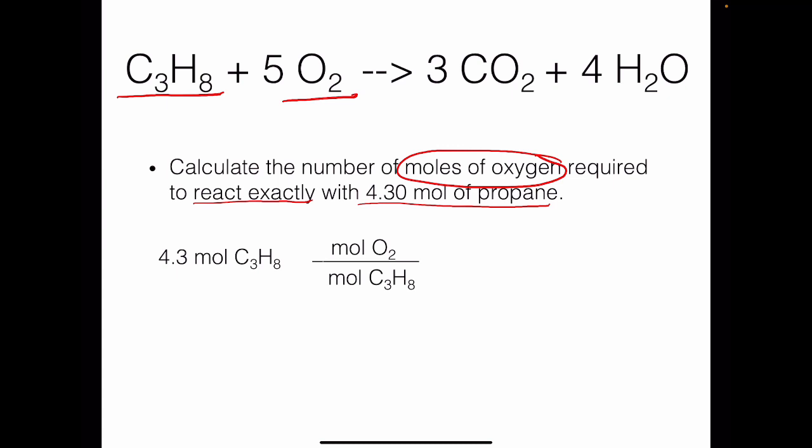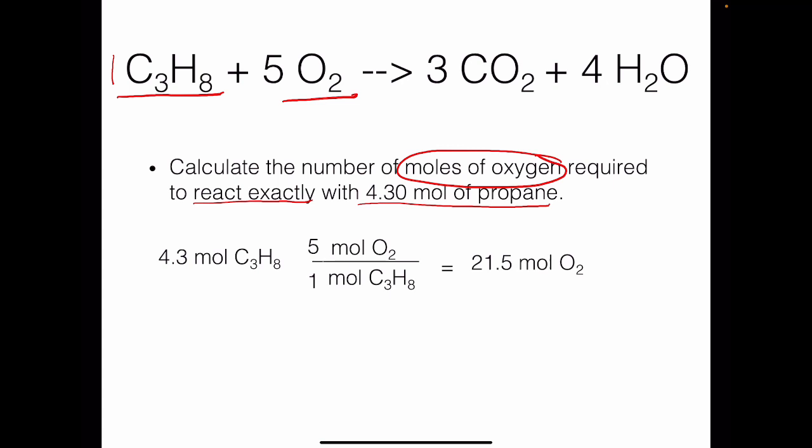Now I'm just looking for the numbers that come in front of those compounds. The number in front of C3H8 is 1, so even though there's nothing there, it's still an implied 1. And the number in front of O2 is 5. The math is set up in a way that we know how to put this into our calculator because we're just multiplying across the top. 4.3 moles of C3H8 times 5 moles of O2 gives us 21.5 moles of O2.